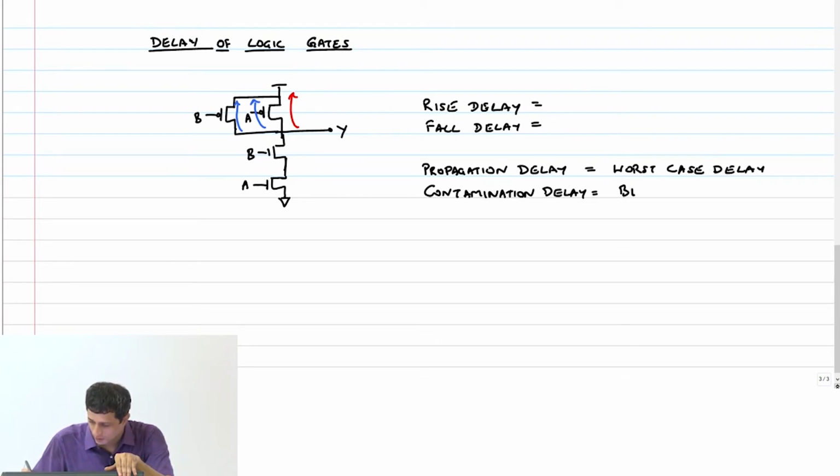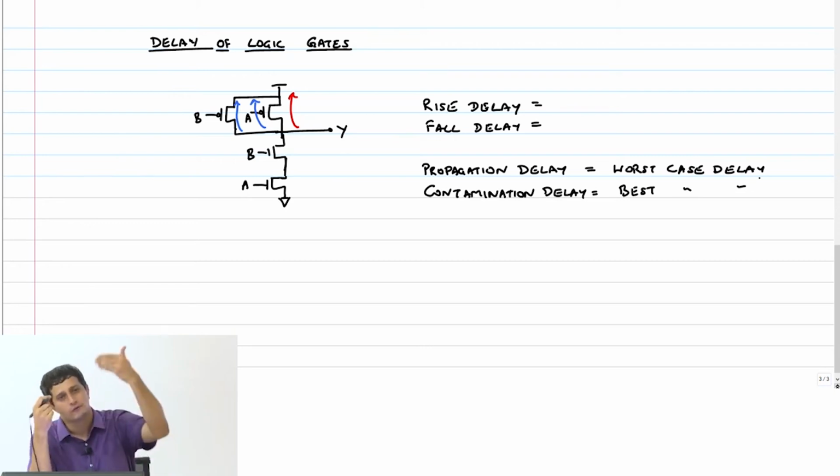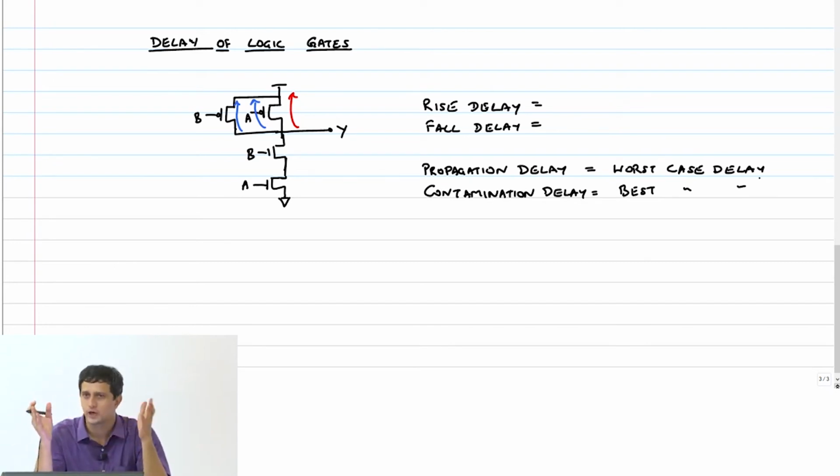This is your best case delay. Contamination has a negative connotation because in sequential circuits, contamination delay can actually affect your circuit quite significantly, because data can race through the gate and affect your flop in the next stage. While the flop is trying to capture data of this particular state, data of the next state can race through and contaminate that flop, and therefore it has a negative connotation. It's called contamination delay. That's all, but just keep these two in mind for now.